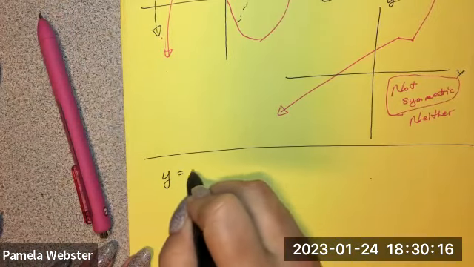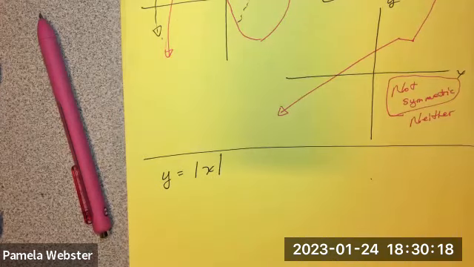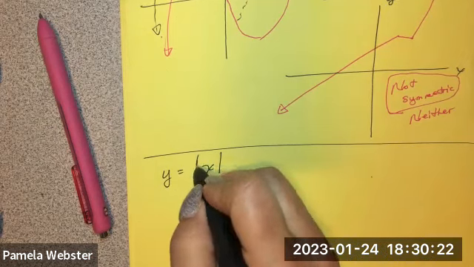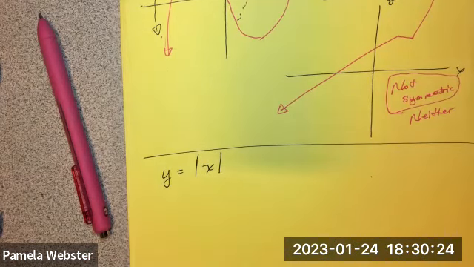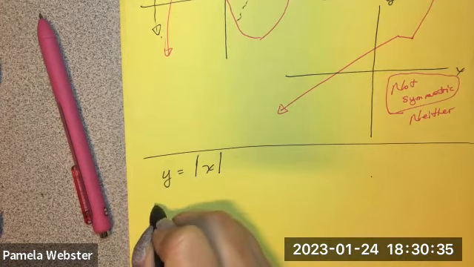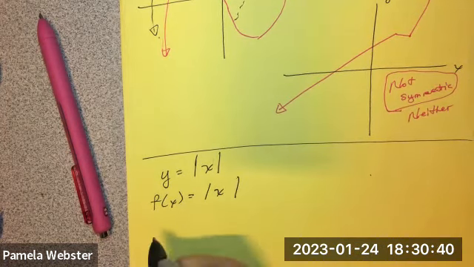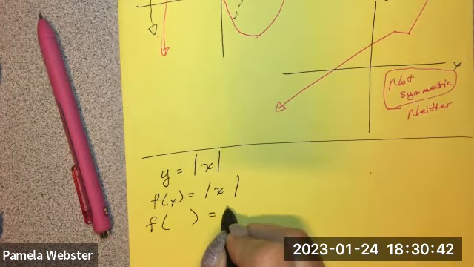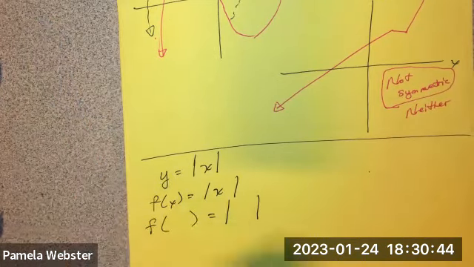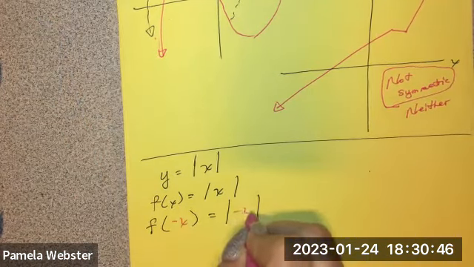What if I had y equals the absolute value of x? Okay. He's not necessarily one that we would say, like, what's his exponent? His exponent looks like a 1, which would be odd, but he's got these absolute values on him. So I'm going to have to actually use the honest to goodness f of x equals absolute value of x, the test f of negative x, where I plug in a negative x everywhere I see an x.